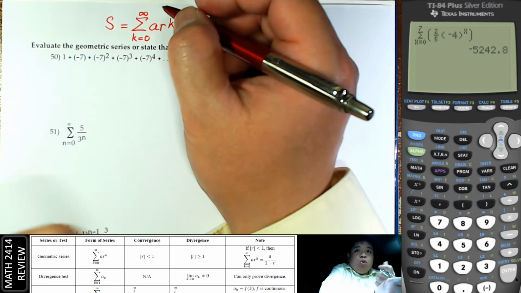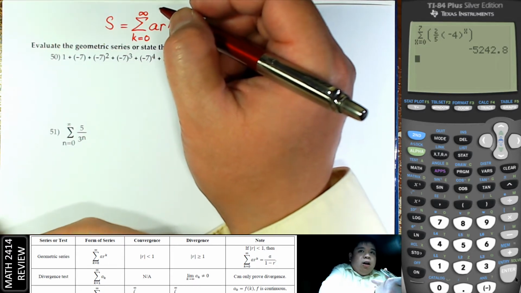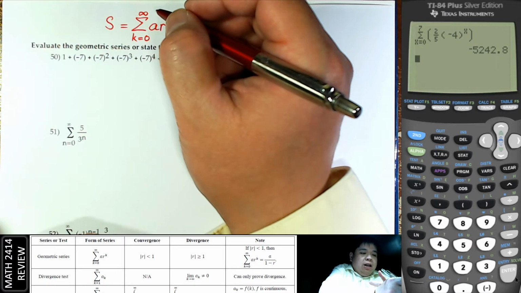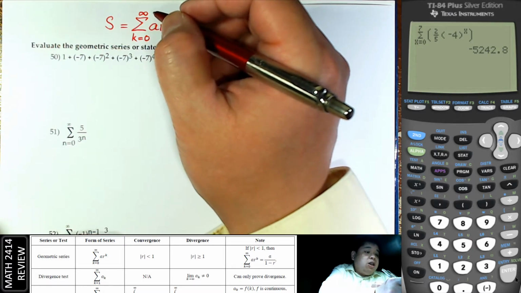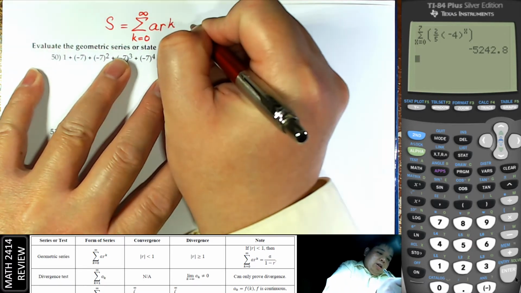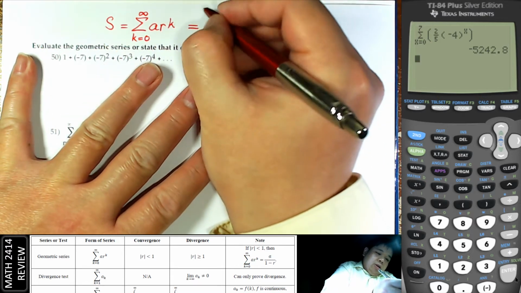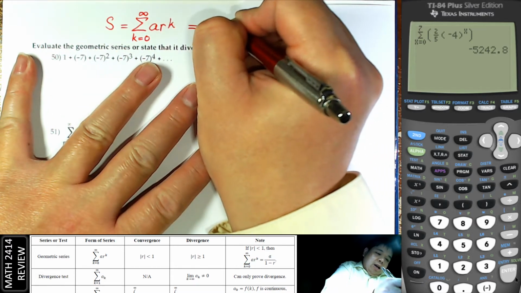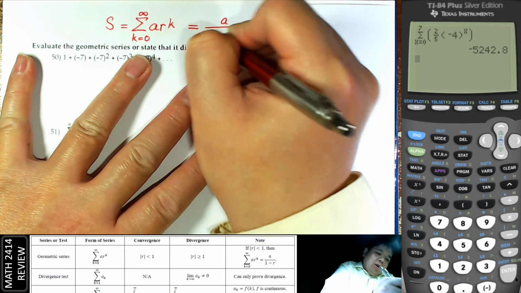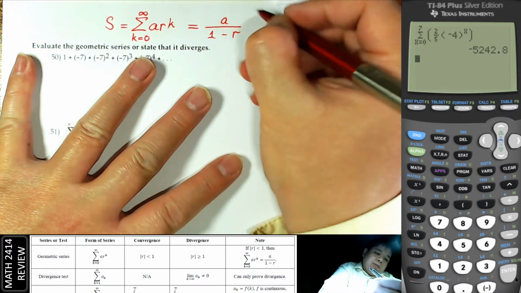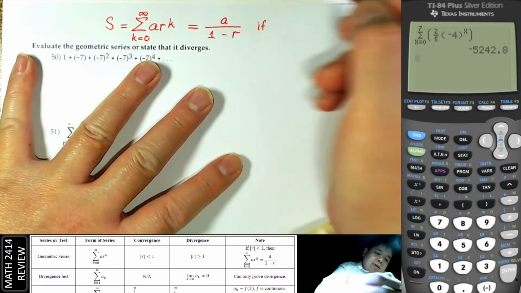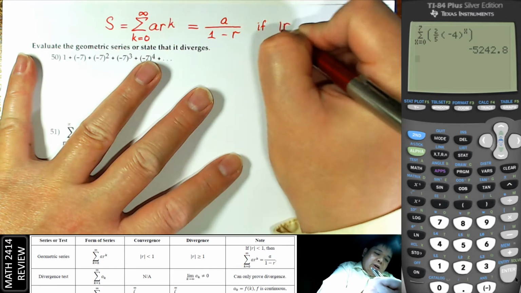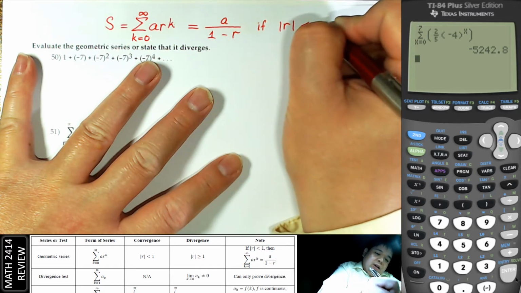If r is between negative 1 and 1, there's a formula for it. It is divergent or does not exist if it's otherwise. So this is equal to a over 1 minus r, that is if the absolute value of r is less than 1.